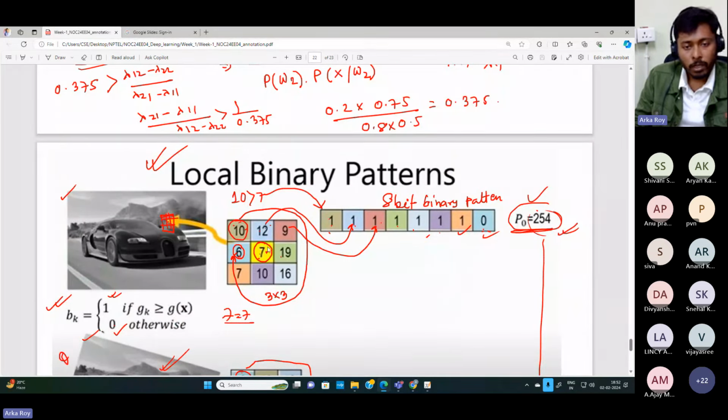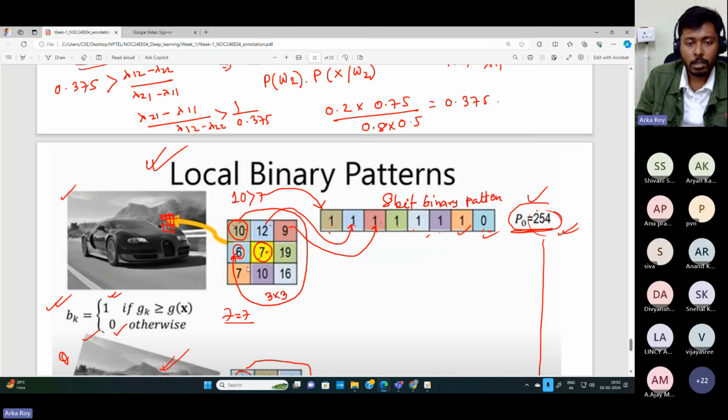Over here you have a central pixel, and around the central pixel you need to declare the neighbors. So how many neighbors are there? Around this 7, a total of 8 neighbors: 1, 2, 3, 4, 5, 6, 7, 8. And what is the distance of each of these neighbors from the central pixel? It is 1, 1, 1. That means the radius is 1.